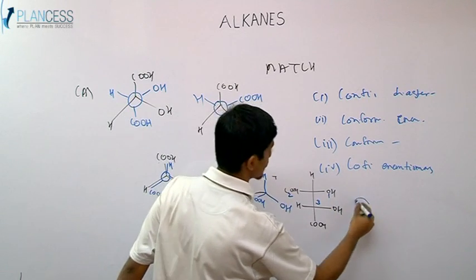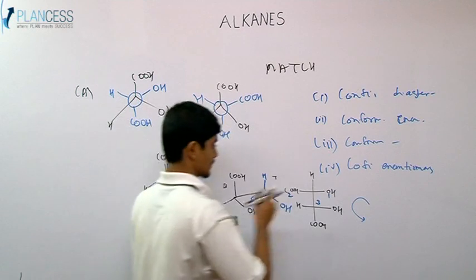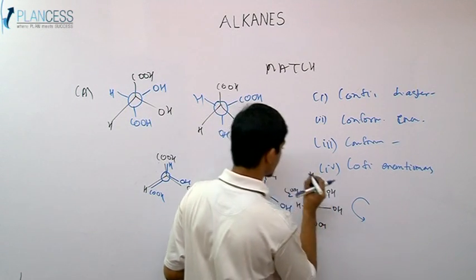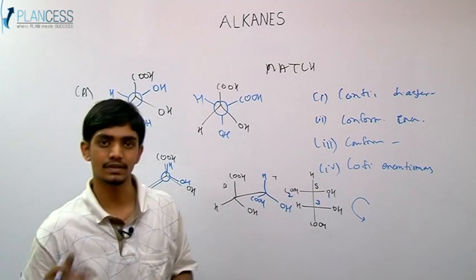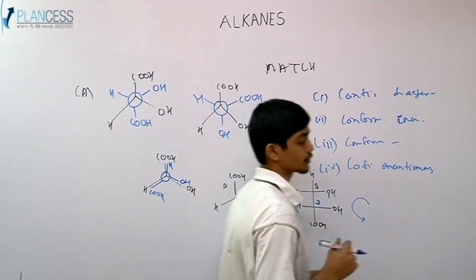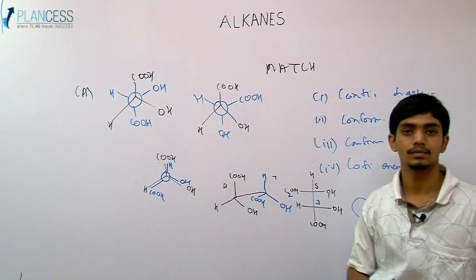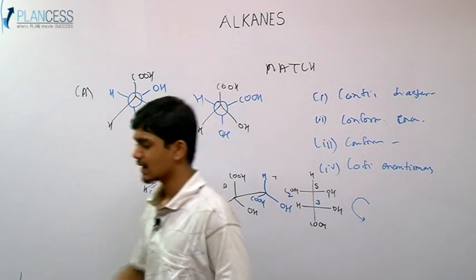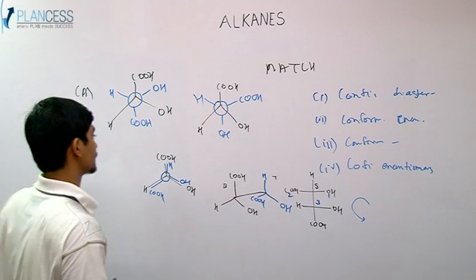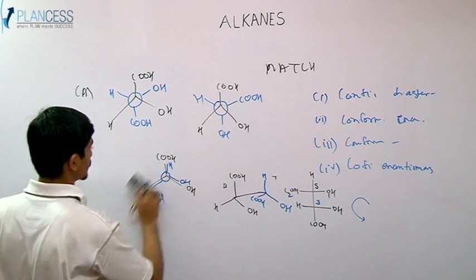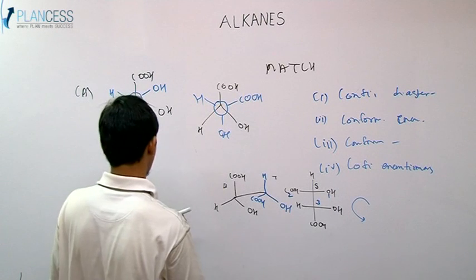So now this is the anti-clockwise direction, so it will be S. The correct configuration of this carbon is S, and similarly you can determine the nomenclature for this also. But we are not going to follow this method. We are going to write the Fischer projection for this Newman projection and then compare them instead of just giving the nomenclature. So we need to draw the eclipsed projection of this.